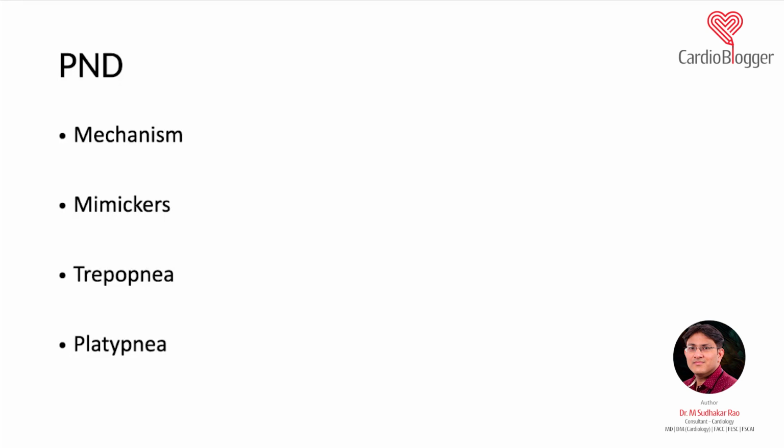That is not the only cause, but it is one of the most important causes. But you should also remember that patients with cardiac failure, CCF, can also have trepopnea. Patients with cardiac tumors, mediastinal tumors or intracardiac shunts can have trepopnea. But the most important thing to remember is massive or gross pleural effusion.